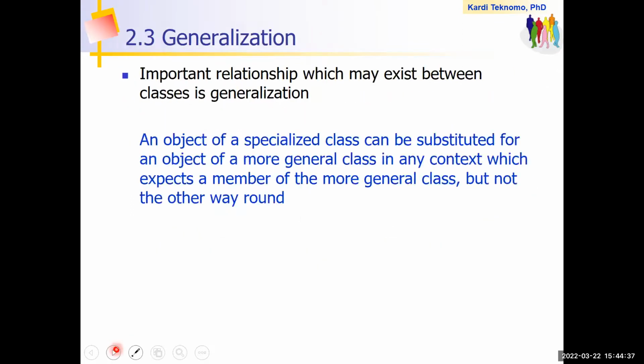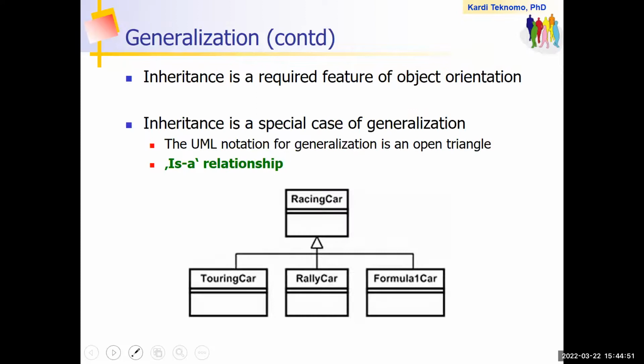The third one is called generalization. An object is a specialized class of the more general class. So, in this case, the relationship is is a. For example, a touring car is a racing car, right?